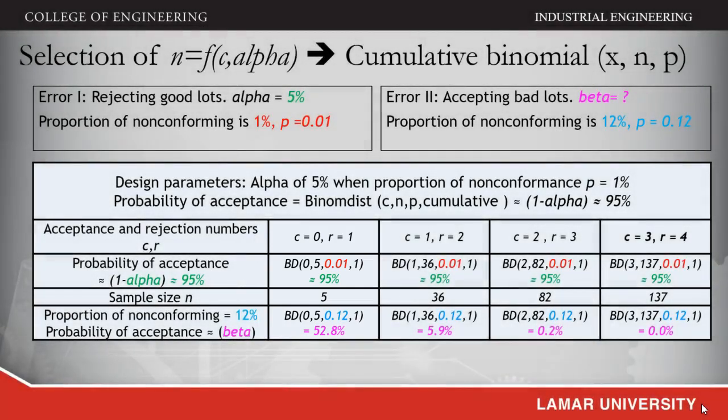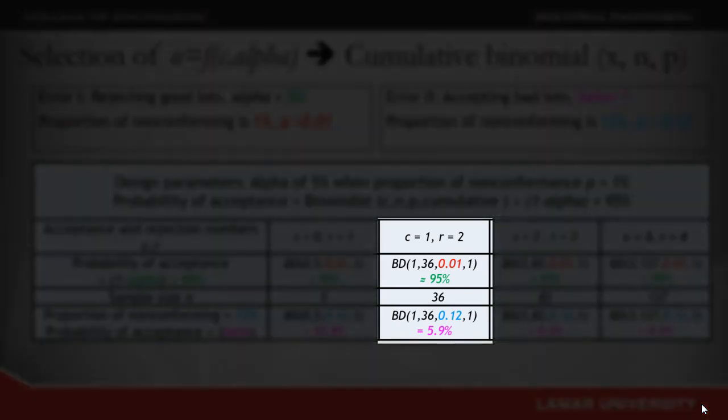If you proceed to get more information and increase the sample size from 5 to 36, then the beta error reduces from the previous number to now only 5.9%.